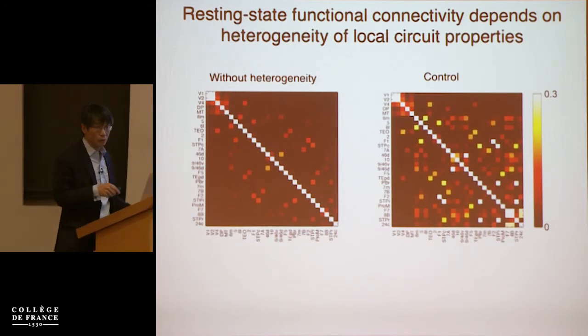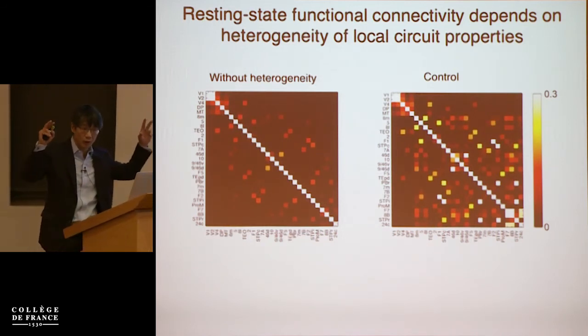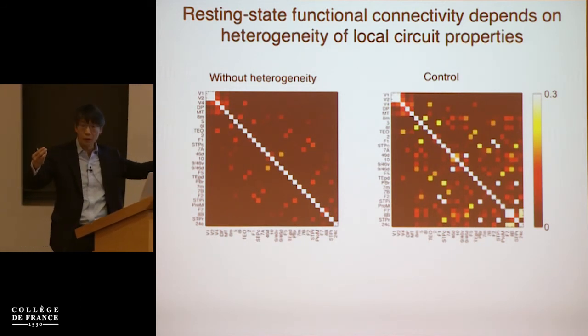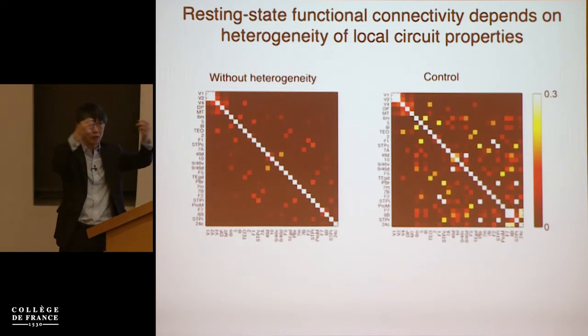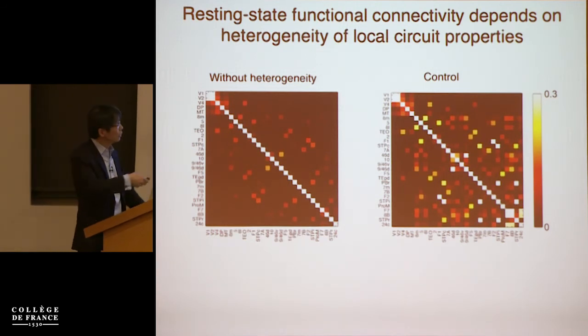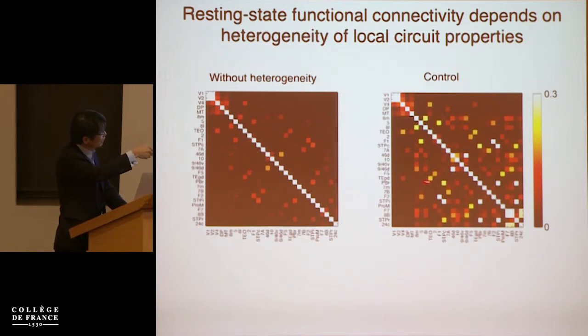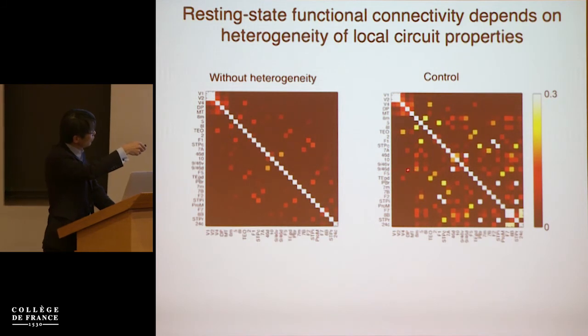So in the model, we can compute functional connectivity. So areas are all driven by noise, and you can compute the correlation of activities between any pair of areas. And so this is the functional connectivity measured from the model simulation, area to area. Each one corresponds to the correlation of activities between this area and that area.